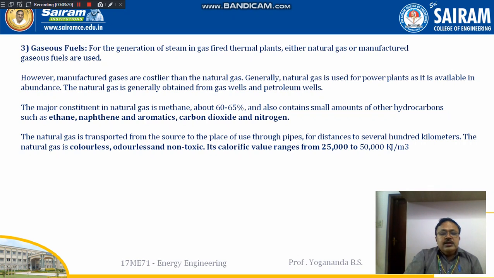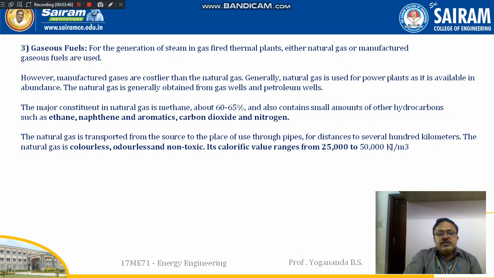Methane is the major constituent in the natural gas, varying from 60 to 65%. The other components of gaseous fuels are like ethane, naphthene, carbon dioxide, and nitrogen. Usually natural gas is colorless, odorless, and non-toxic.